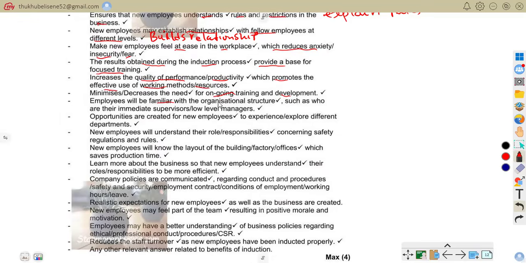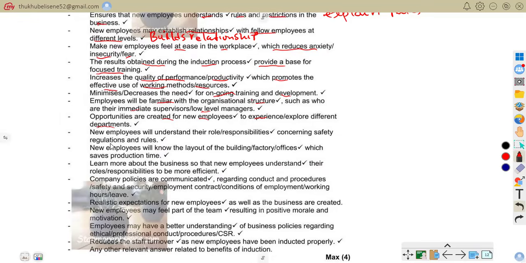Employees would be familiar with the organizational structure, such as who their immediate supervisors as well as low-level managers are. So they will know the organizational hierarchy, who they report to and so on. Opportunities are created for new employees to experience or explore different departments.